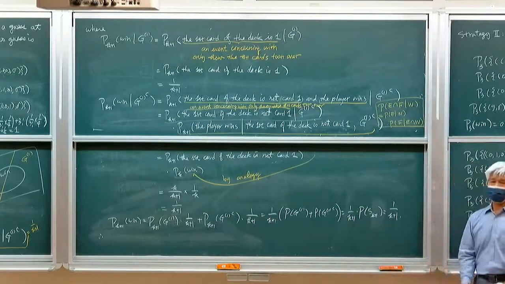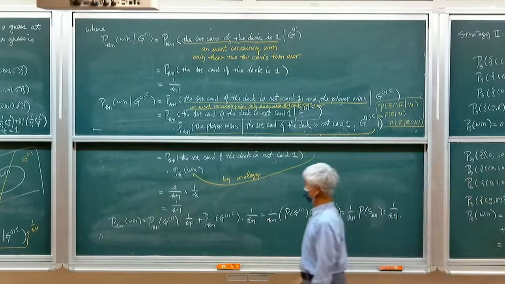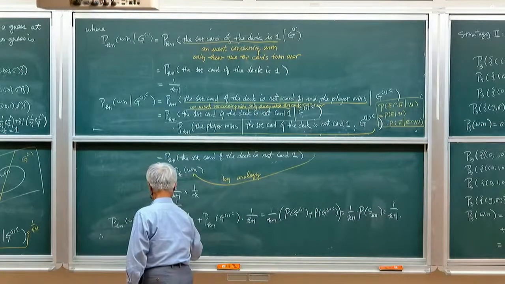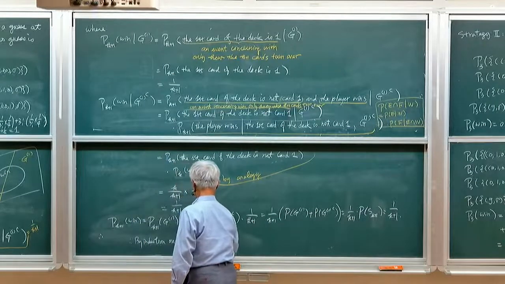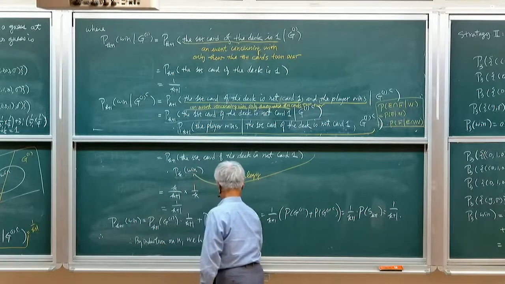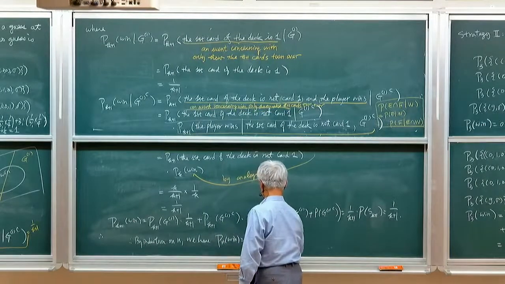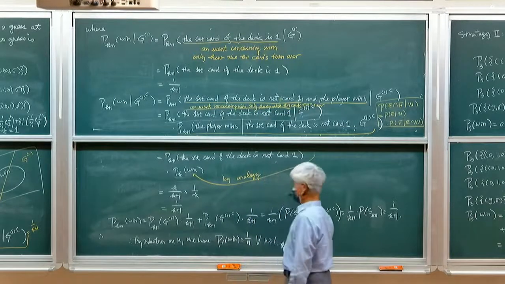Okay? All right, so by induction on n, we have P_n win equal to 1 over n for all n greater than or equal to 1. And this is the end of the proof.